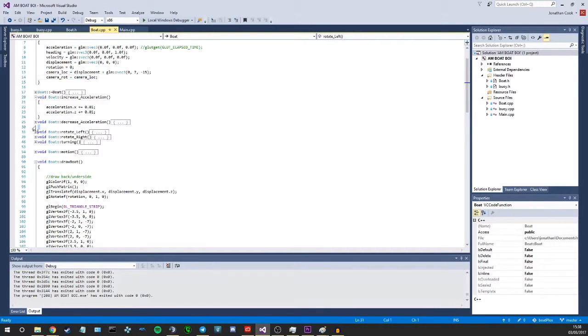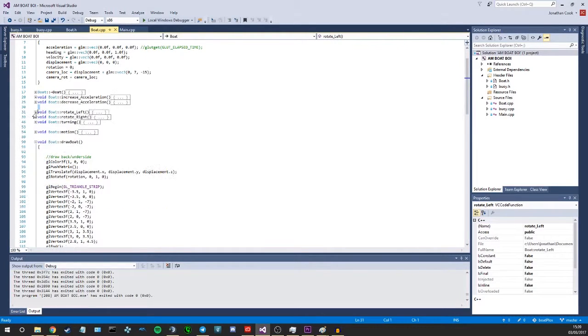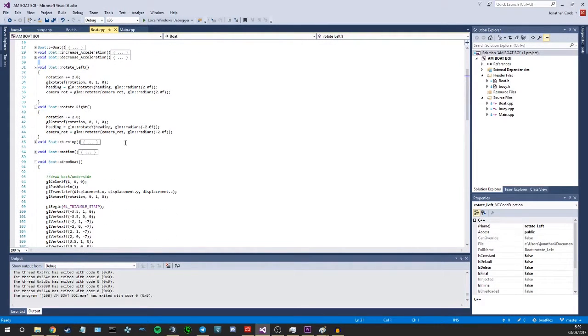Now if we look at the functions for increasing and decreasing acceleration, when these are called, it simply increases the acceleration by a uniform amount. Now looking at the left and right rotation functions, we increase rotation by a small increment. We rotate the heading around the y-axis by the same increment.